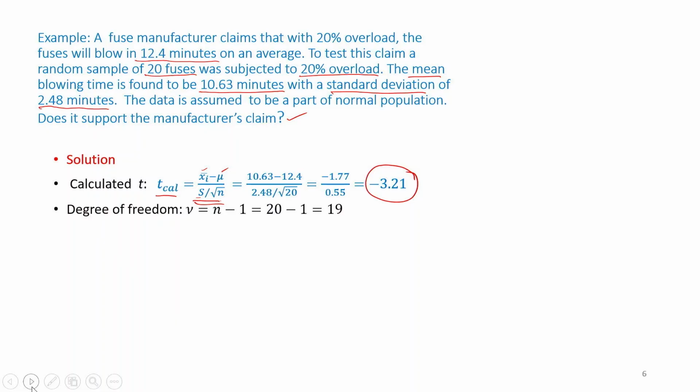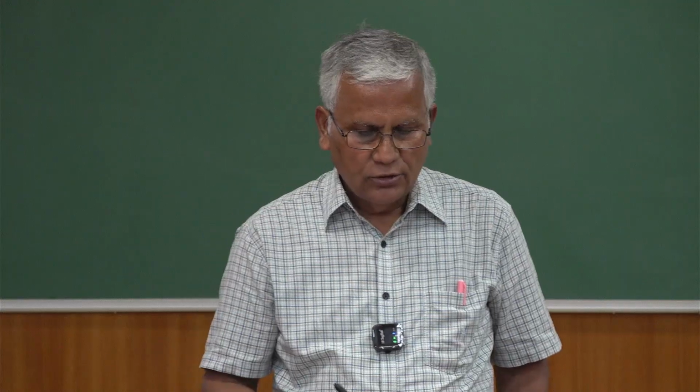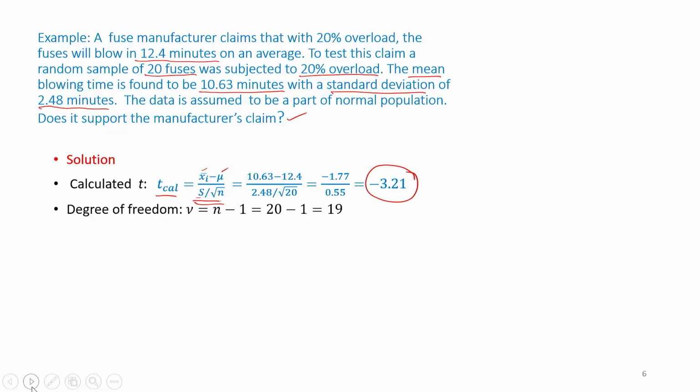What is the degree of freedom? This degree of freedom concept does not arise in the case of Z test. It only appears in the case of T test. So degree of freedom here will be how much?